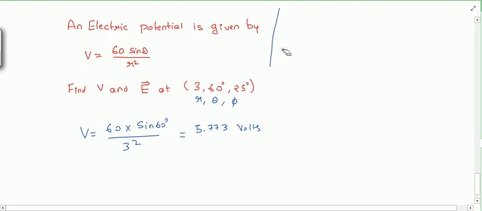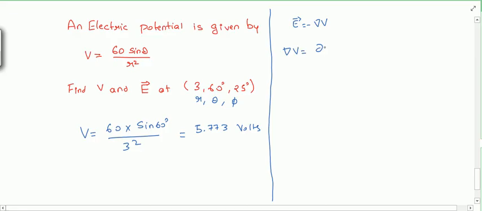Now if you want to find the electric field, what you have to do? I just told you that E is nothing but minus del V, that is, the gradient of this potential. This is in the spherical coordinate system, so I have to apply the formula of gradient in the spherical coordinate system. Minus is already there, del V. What was the formula for the gradient in spherical coordinates?